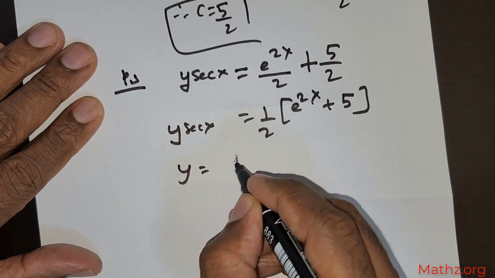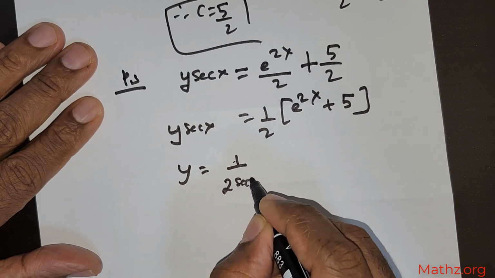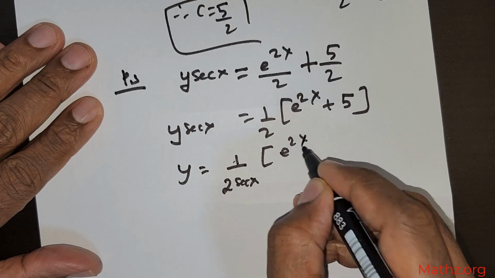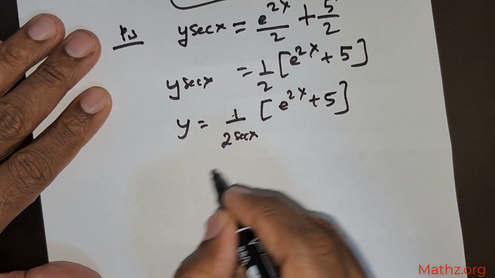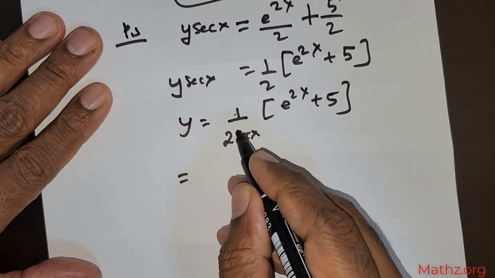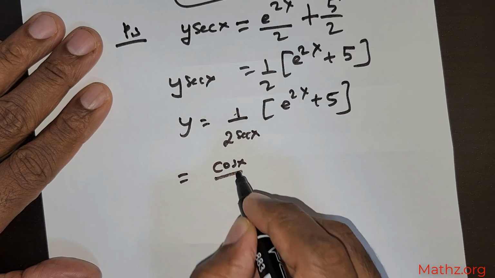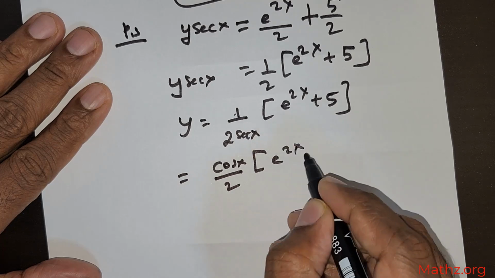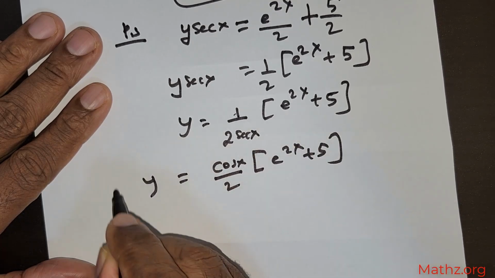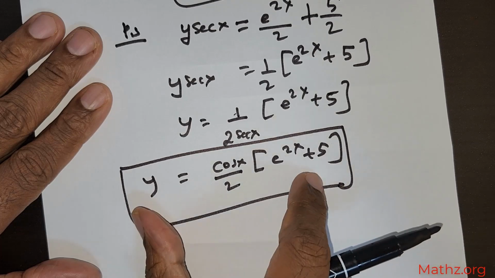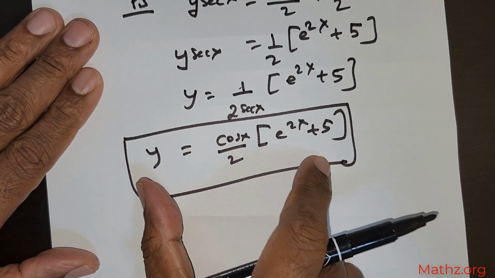So y is equal to 1 over 2 times secant x times e raised to the power of 2x plus 5, and secant x is 1 over cos x, so I get cos x over 2 times e raised to the power of 2x plus 5 is equal to y. So this is the particular solution.